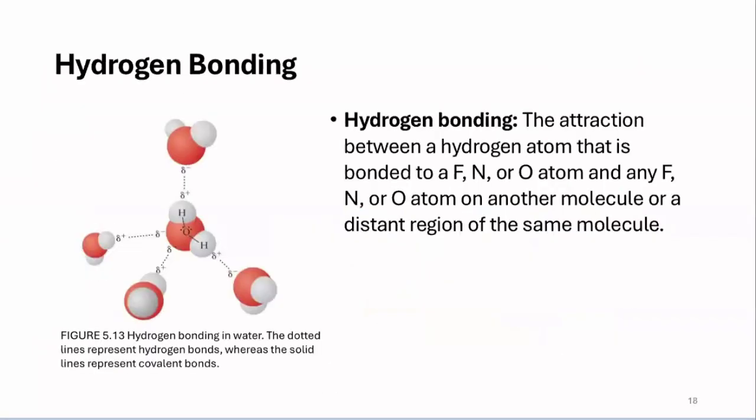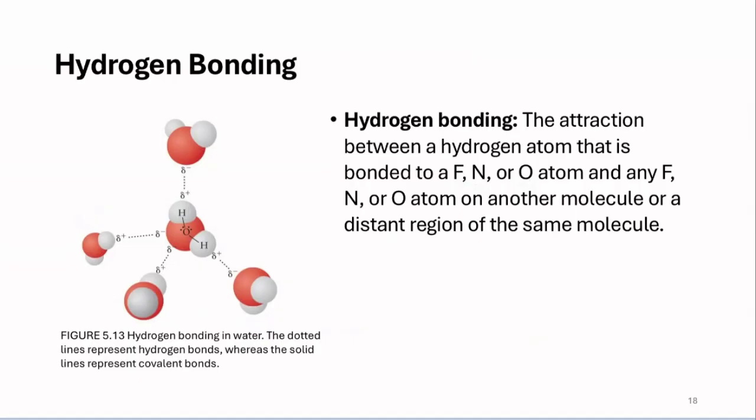Let's now observe hydrogen bonding. Hydrogen bonding is present in polar molecules that must meet two parameters. Number one, a hydrogen atom needs to be bonded to what is called a FON element. FON comes from the idea that F is for fluorine, O is for oxygen, N is for nitrogen.